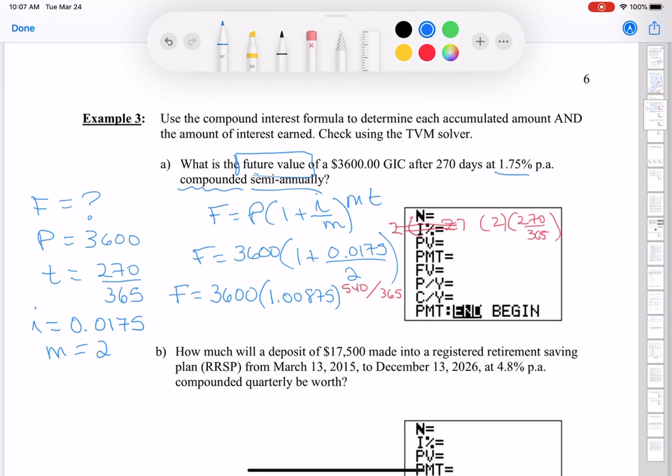All right, and now we can just punch this into our calculator, for a future value of $3,646.70. Just a little reminder that this is the only spot where we round our decimals. All other spots are not rounded until we get to that final answer.